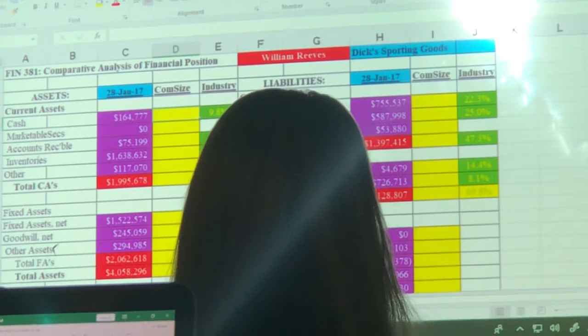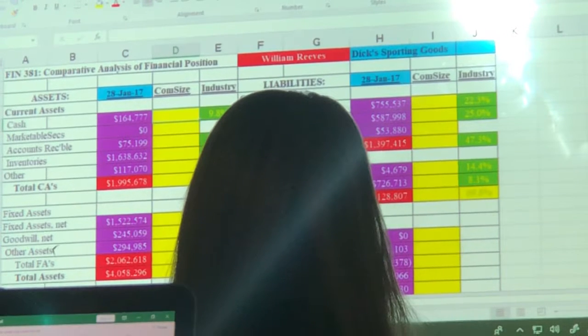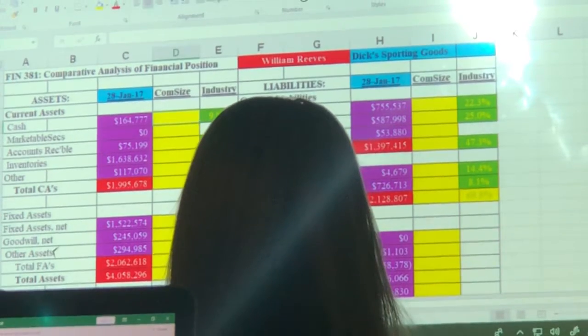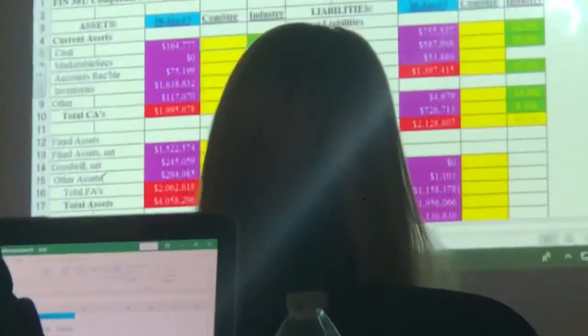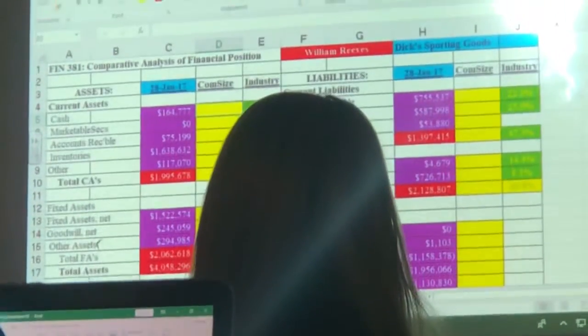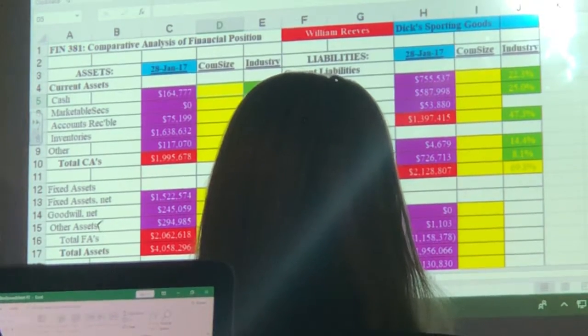So D5 is going to be, not $C, it's going to be C5 divided by $C, $17.